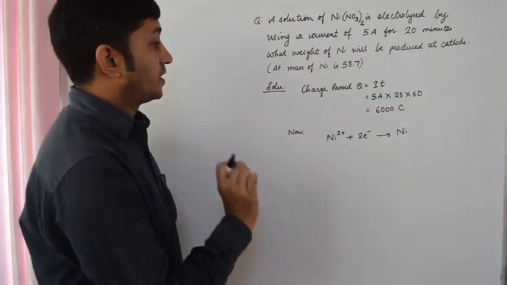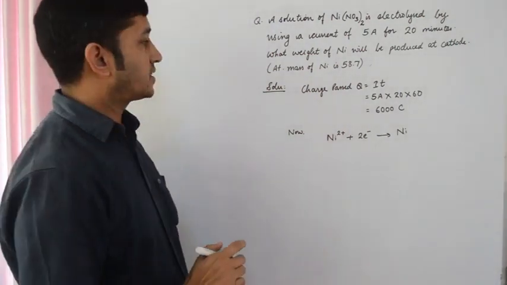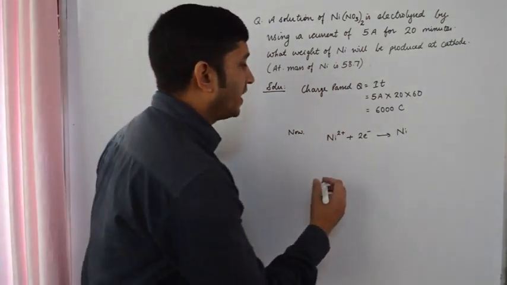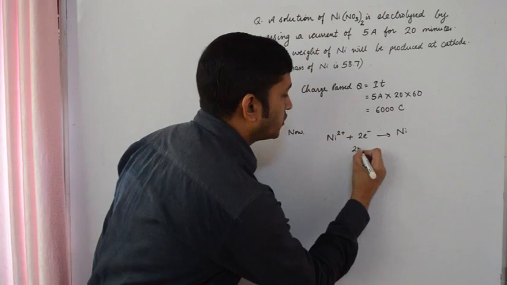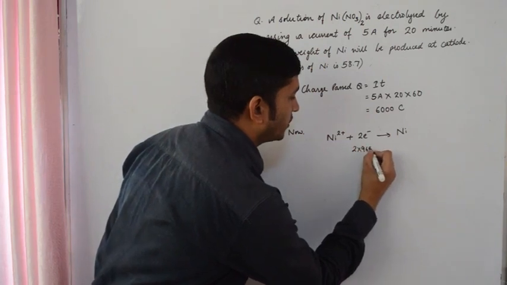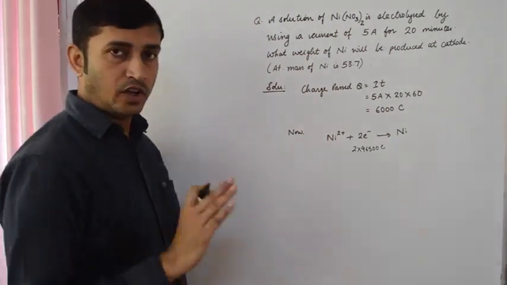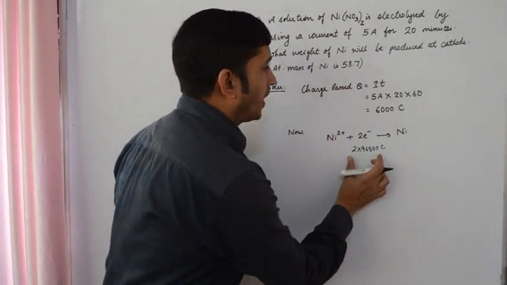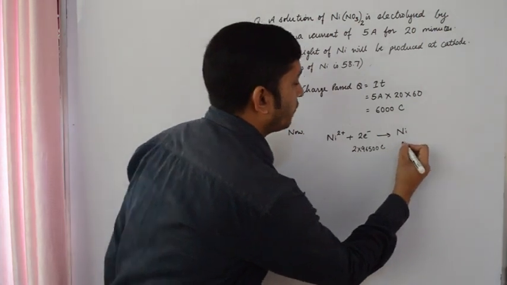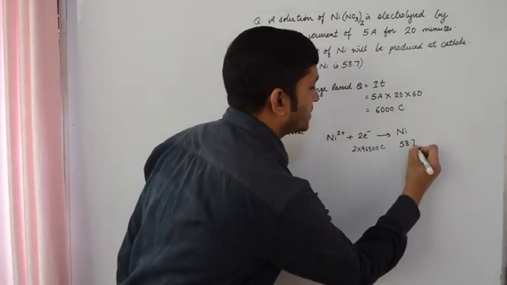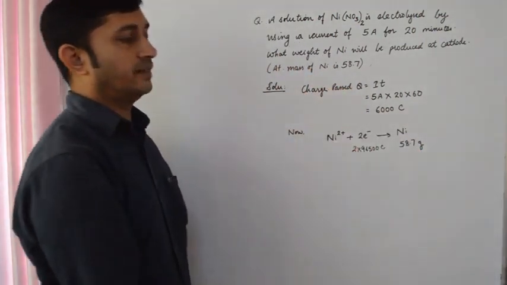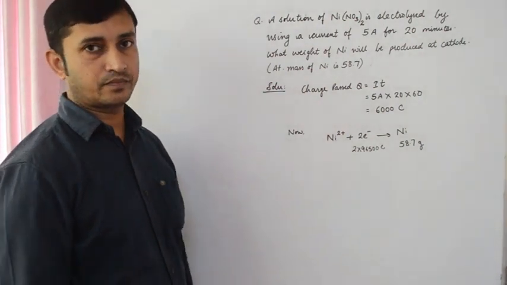Since the molar mass of nickel is 58.7, we can say here that 2 into 96,500 coulomb, that is 2 Faraday, this much charge is required to produce 58.7 gram of nickel at the electrode.